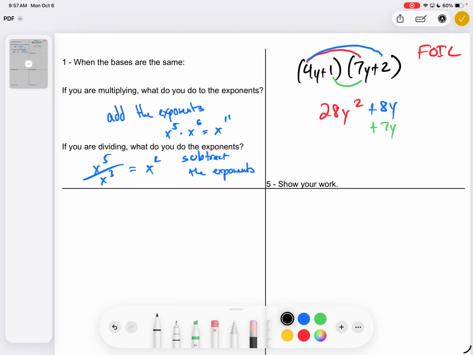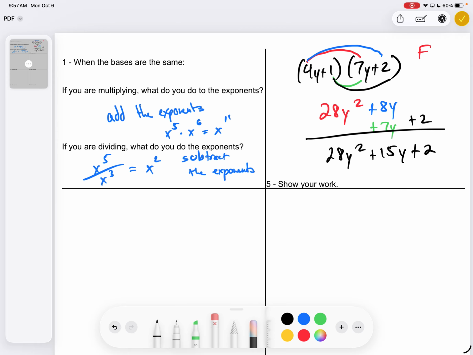And then 1 times 2 would be 2. And then you can just add up the like terms. So 28y squared plus 15y plus 2. So FOIL: first, outside, inside, last. And remember, FOIL is an acronym to make sure that we are multiplying everything in the left one times everything in the right one. So I take this 4y times both of these, and then I take this 1 times both of these.